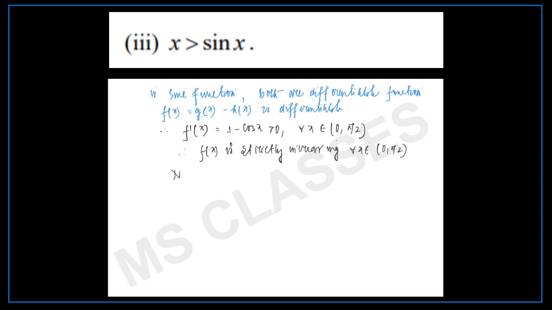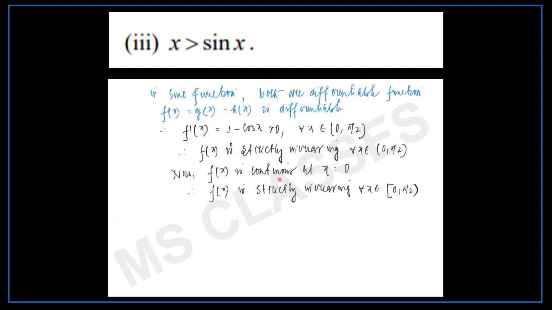Now, f(x) is continuous at x equals to 0. Therefore, f(x) is strictly increasing for all x belongs to [0, pi by 2).